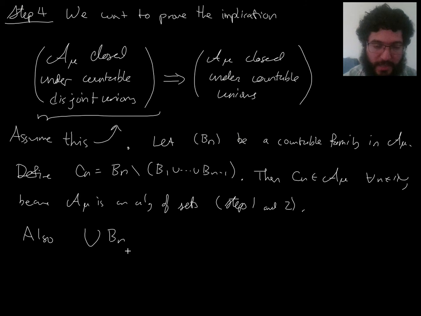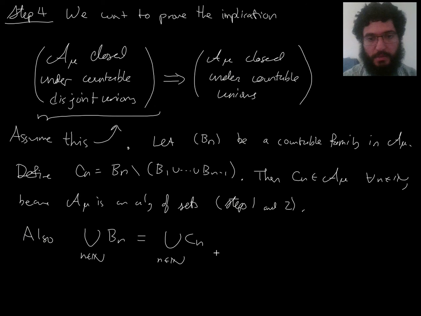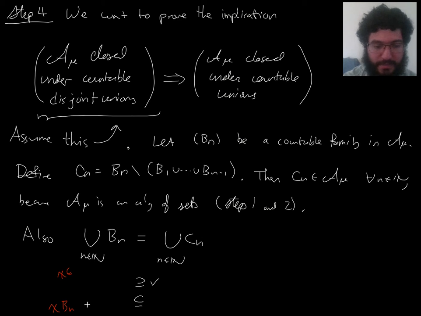And if I take the union of the B_n's, I'm trying to show the union of the B_n's is in A_mu, right? So the idea of deleting from each set what was unnecessary is that the union of the B_n's should equal the union of the C_n's. Each C_n is a subset of the corresponding B_n, so definitely we have this inclusion. And if you're wondering about this inclusion, well, suppose you have x in this union, then it's in B_n for some n.